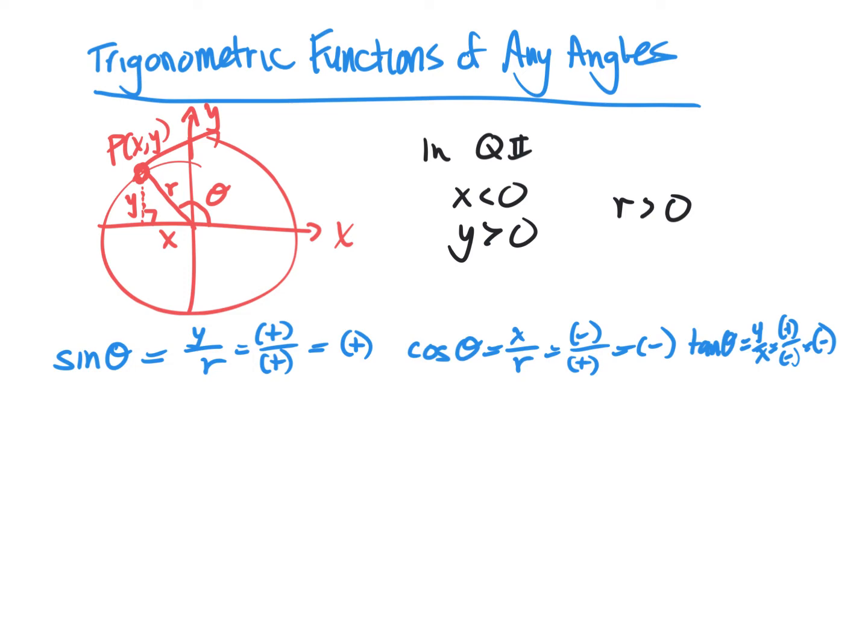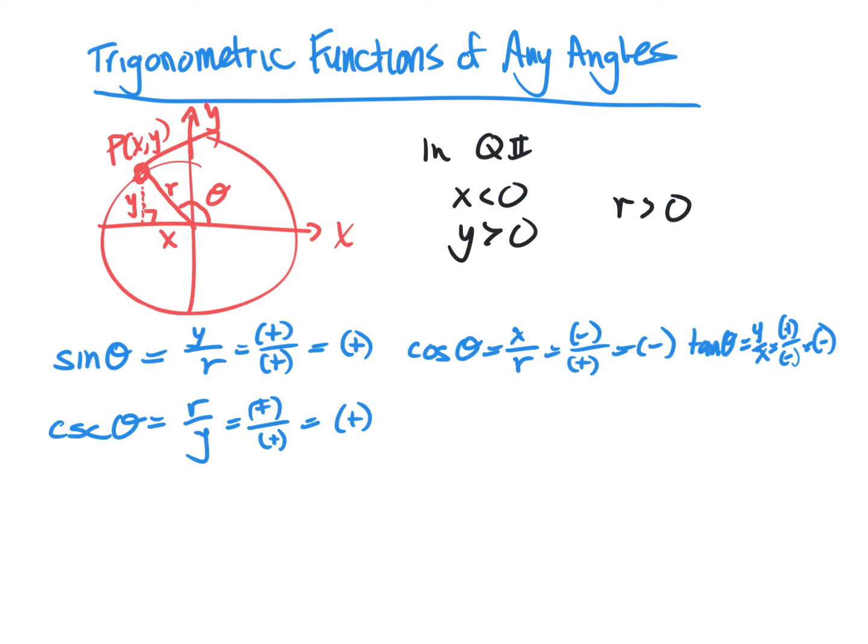And then, very similar, we get that cosecant of theta is r over y, still a positive number over a positive number, which is positive. Now for this one, we can just really say cosecant is 1 over sine, so 1 over a positive is still positive.